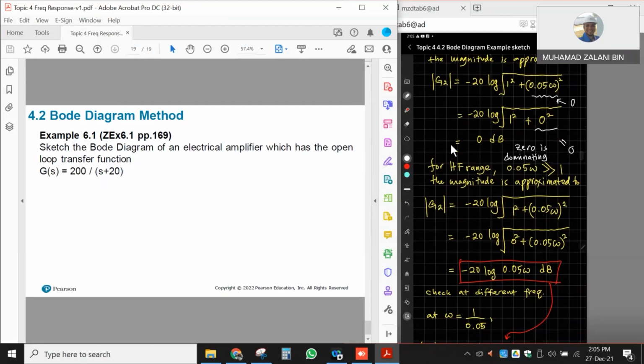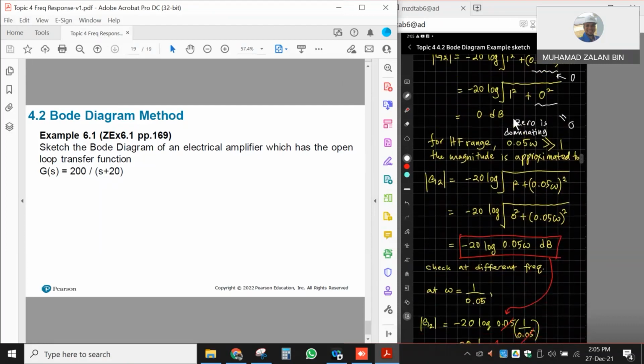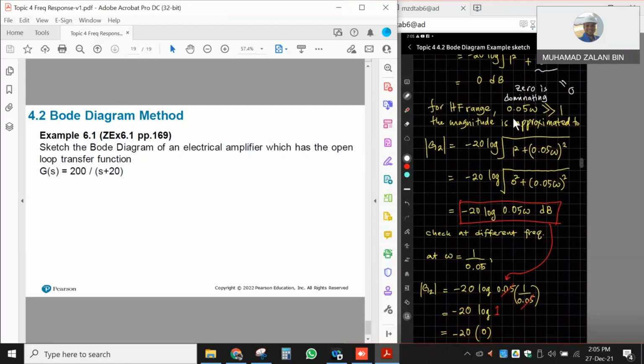Moving on. Next, we calculate for high frequency range. We can calculate at the knee, at the corner frequency, or either way, so I will start here. For the second one, calculate for high frequency range, which is at 0.05 omega greater than 1.